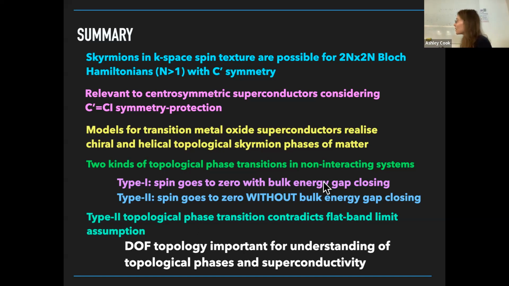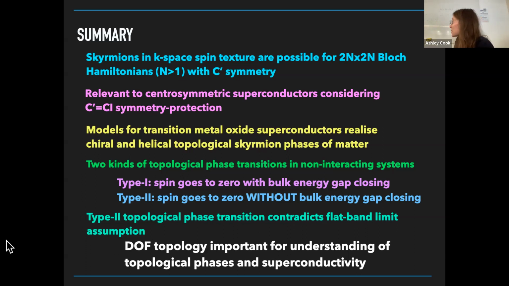And what is not clear to me yet, and I'm very interested in exploring it further, is what sorts of consequences there are of the fact that you can think of the orbital sector as a sort of non-topological or trivial reservoir into which topological charge density can flow from the spin sector. This is something I'm still quite interested in.